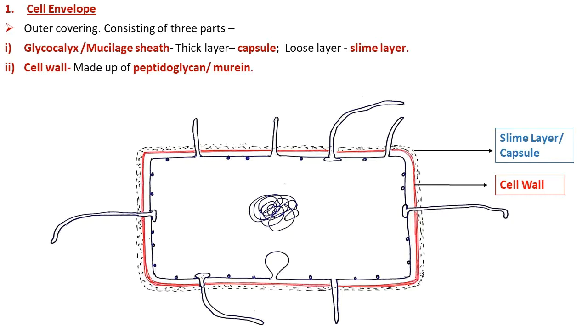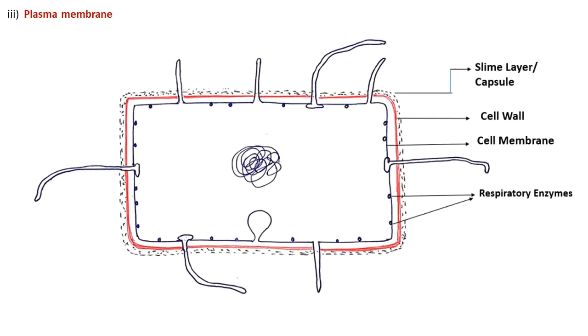The third, the innermost layer, from outside to the inside, of the typical bacterial cell is called the plasma membrane. Understood? The cell membrane or plasma membrane is thin and is semi-permeable in nature. Means it allows only certain molecules to enter into the cell, and it bears the respiratory enzymes.